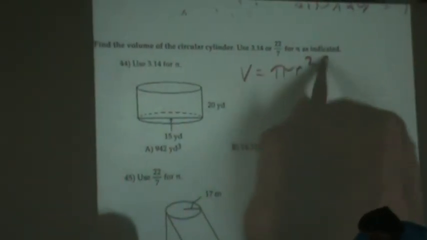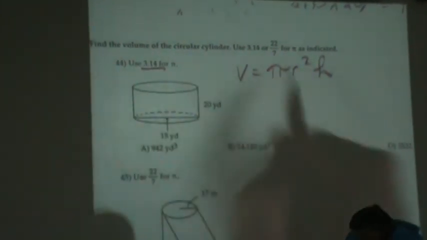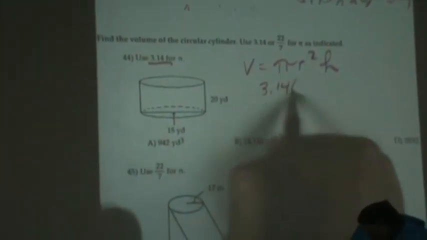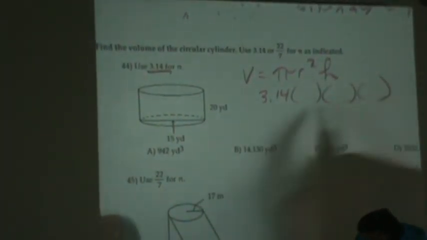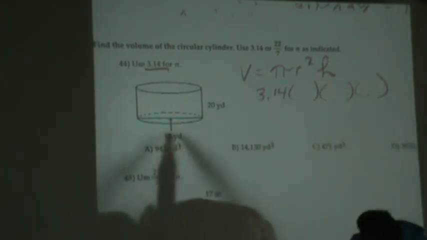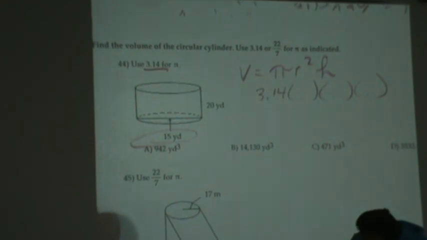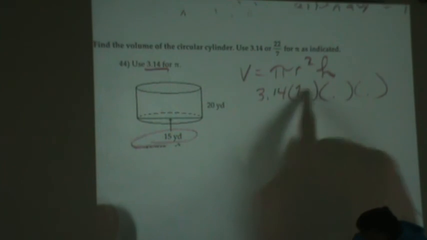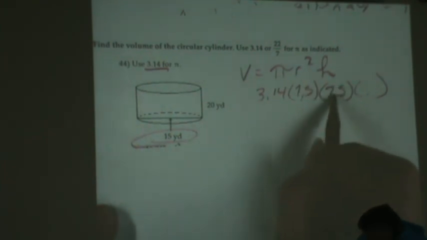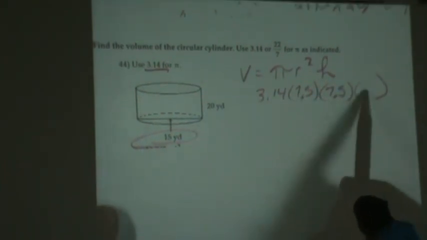Pi r squared height. Use 3.14 for pi. Radius, radius, height. 15 is our diameter. What's the radius? 7.5. And what's the height? 20.